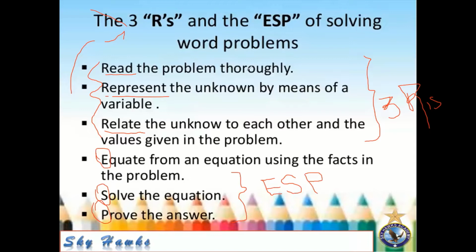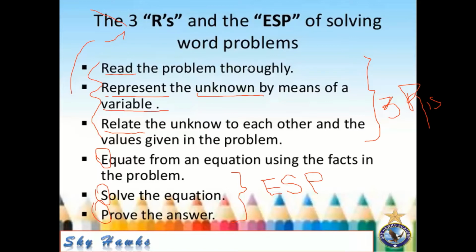If you are keeping three R's and ESP in your mind, then you will start from the first R, that is, read the problem thoroughly, then represent the unknown, whatsoever you are looking for, the total cost, the dimension, the rate, the profit, whatsoever you are asked to find, by a variable x, y, z.